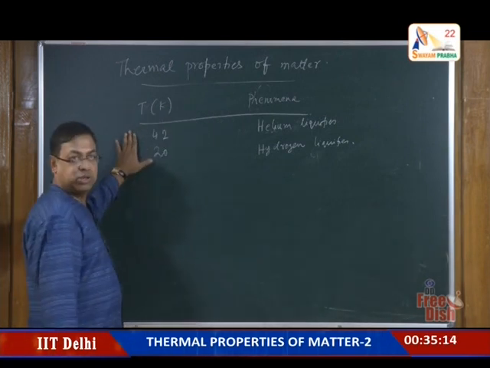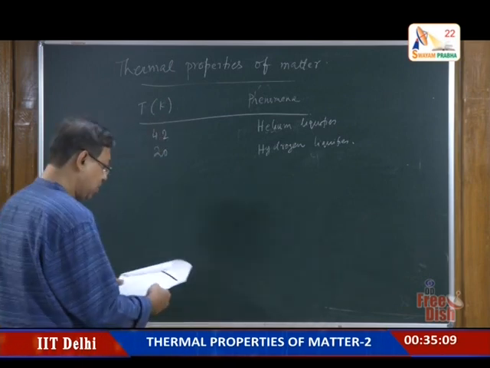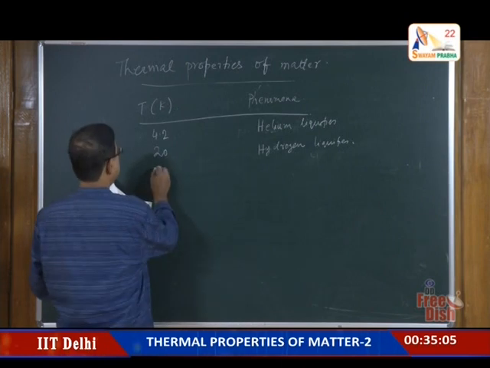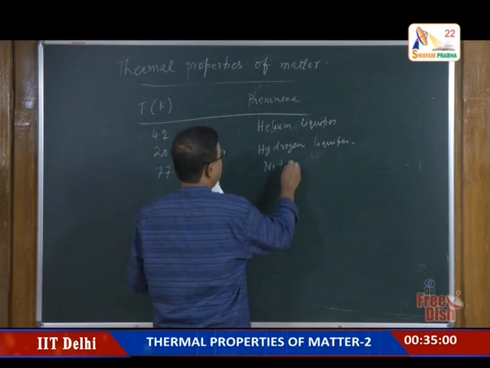Whereas there are temperatures of scientific importance which are much below that or higher than that. So 77 is when nitrogen liquefies.